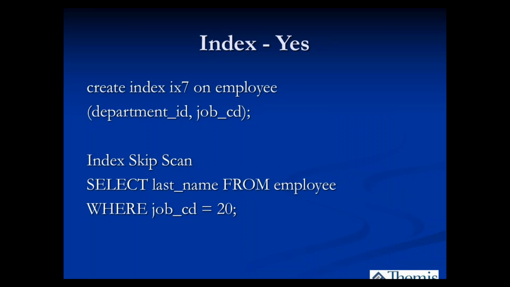That's what we'll talk about here, because you may think, in my query I don't reference department ID, I just say where job code equals 20, and I'm just selecting last name. So I'm not referencing the leading column. Should it use my index or not? And we're assuming we don't have any other indexes to choose from.